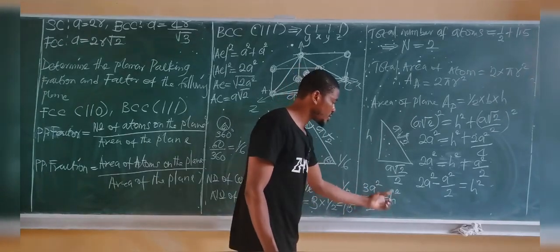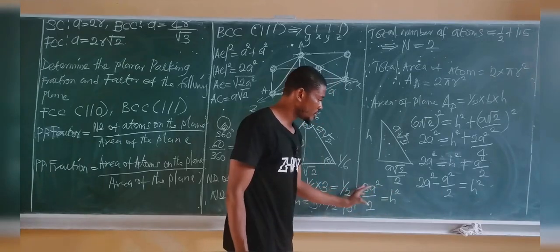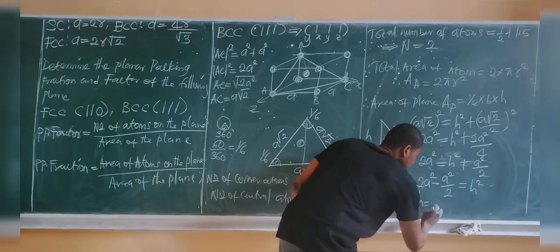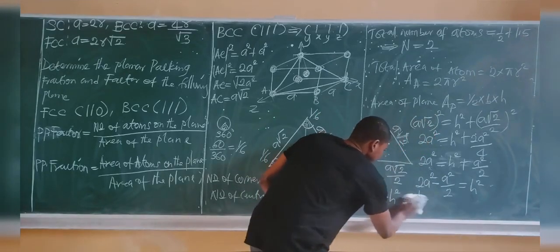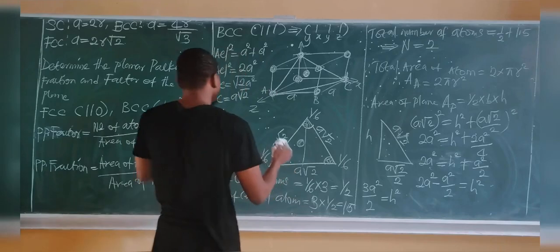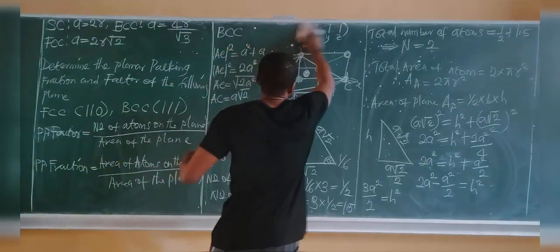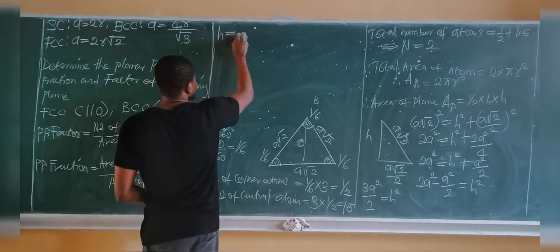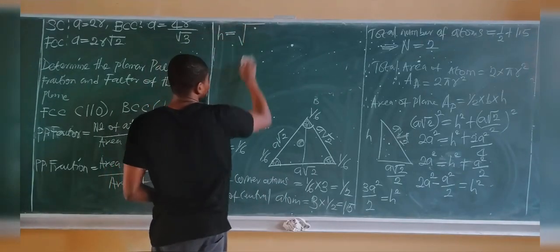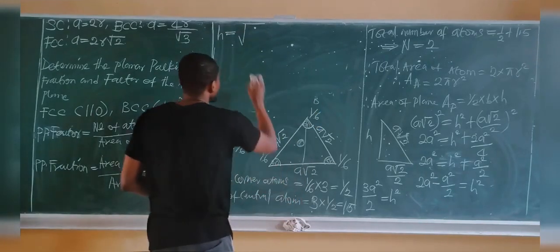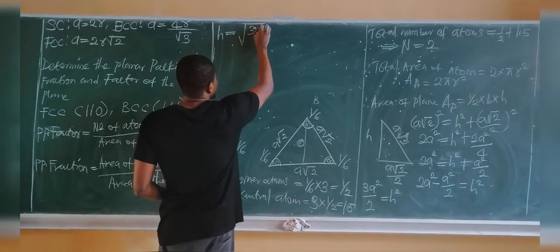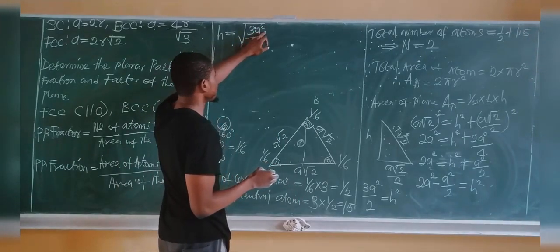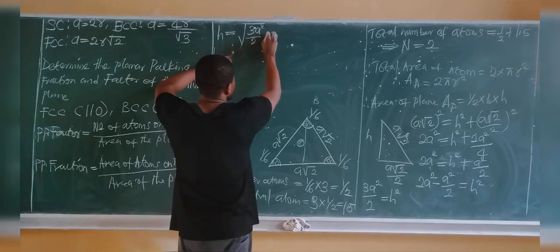So I will now find h by taking the square root of both sides. This implies now that h itself is now the square root of 3a squared all over 2, and of course a squared can have a square root. The square root of a squared becomes a, so a comes out.